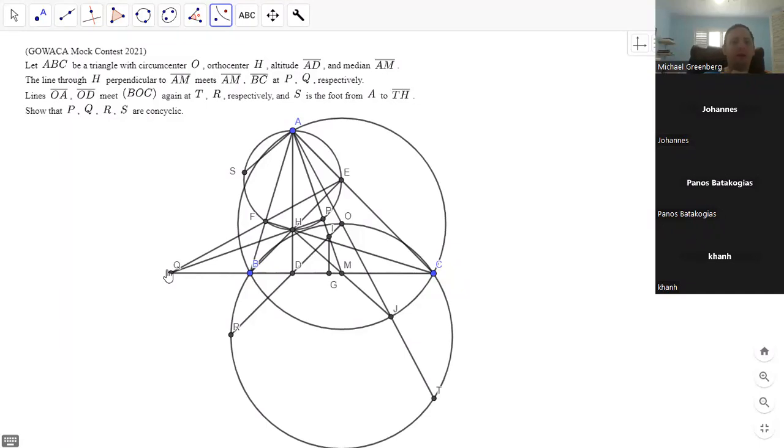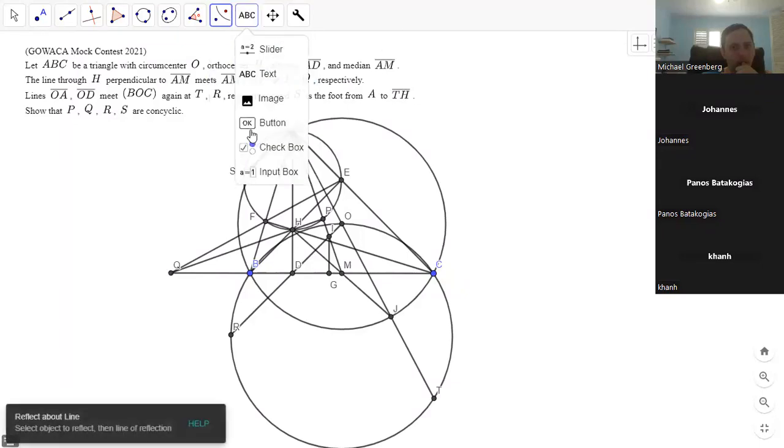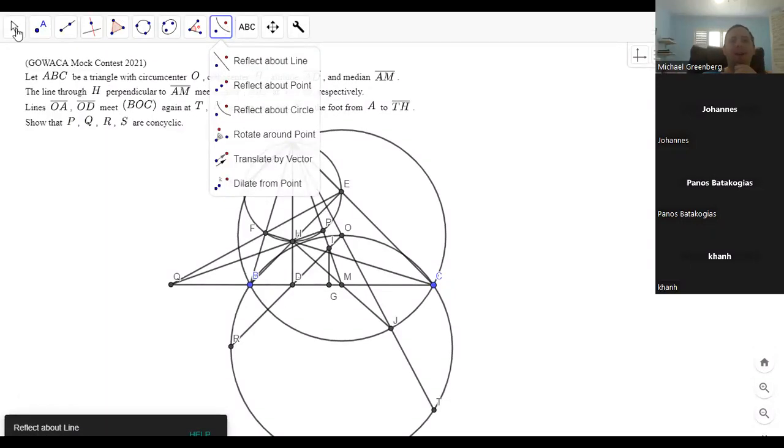Oh, because that's true if D lies on the polar of Q, and that holds because of the harmonic. That's right.